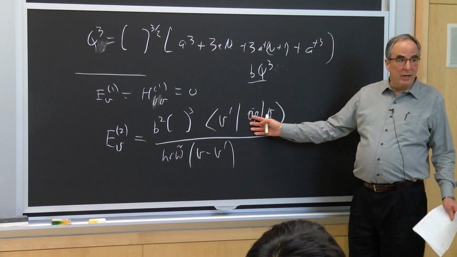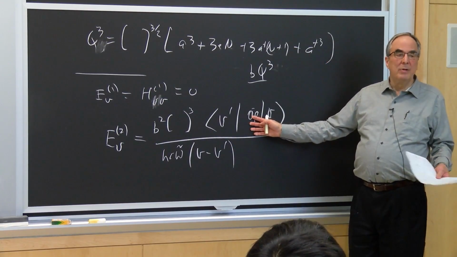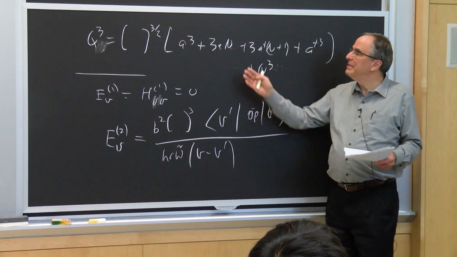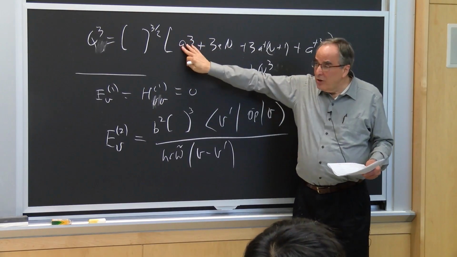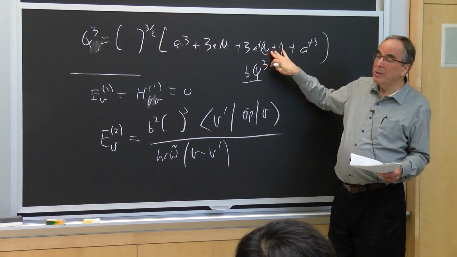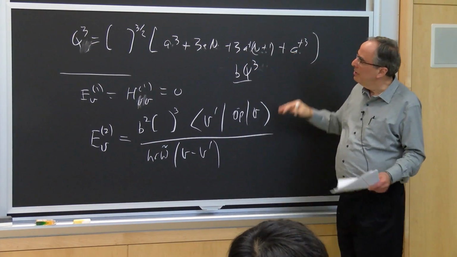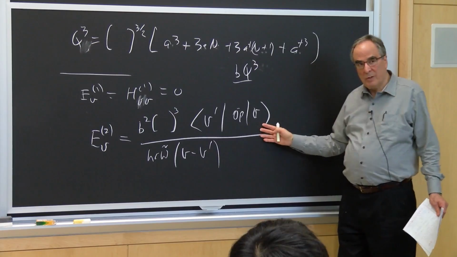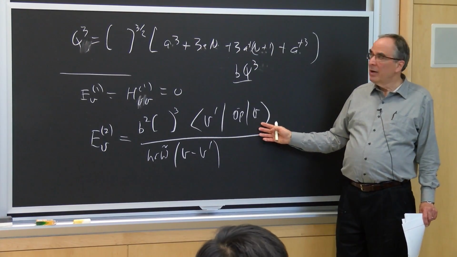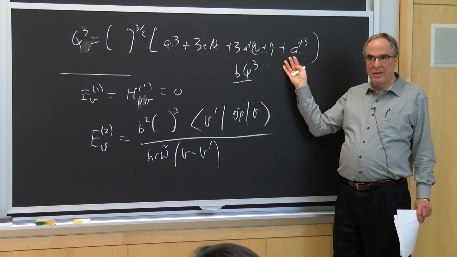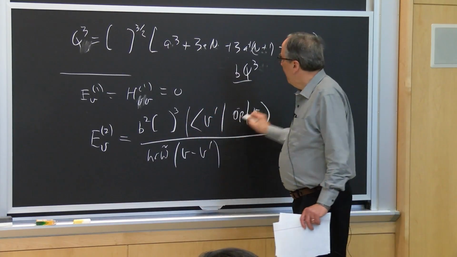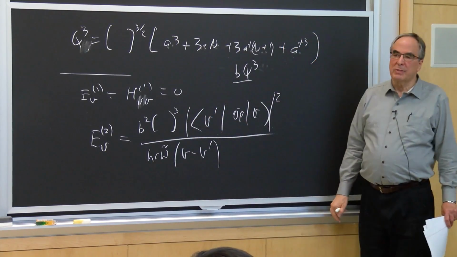The operator here is either q dagger cubed, a dagger a cubed, a times n, a dagger n plus 1, or a dagger cubed. And so we know how to write all of these matrix elements trivially. No work. Once we've simplified here, it's really trivial to write the squared matrix element.